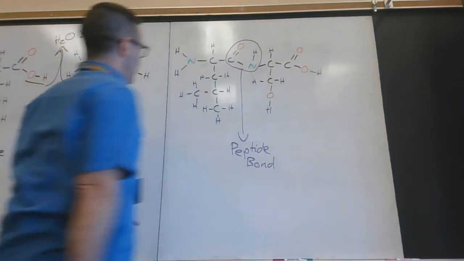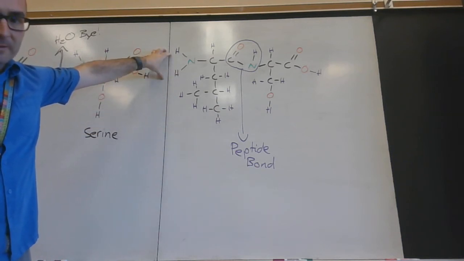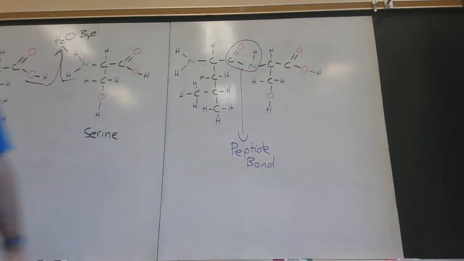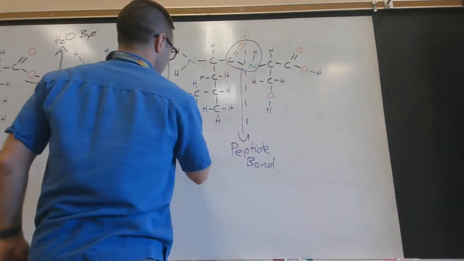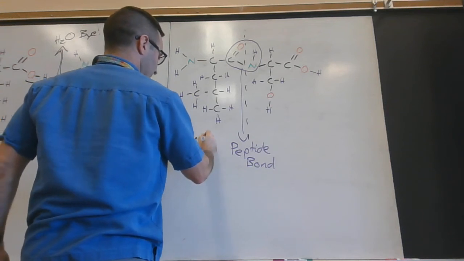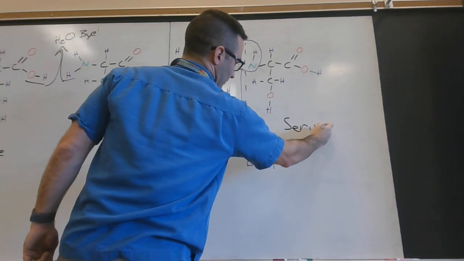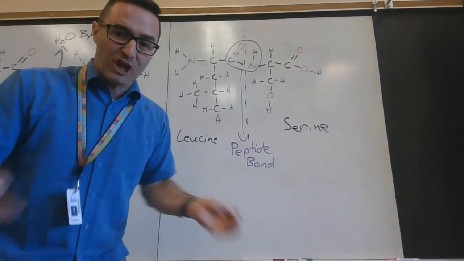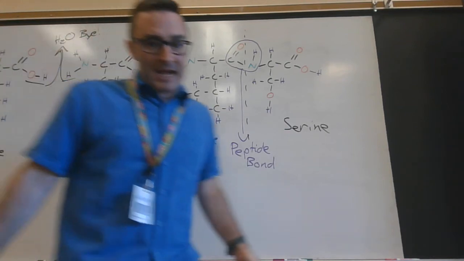NH could get added here of a new amino acid, could add the OH over on this side. Okay? You can kind of see the repeating axis. And so here, if you drew it, here's your leucine, and here's your serine. Everything else about the structure is still preserved. Okay? It's still the same thing. Nucleic acids are left.